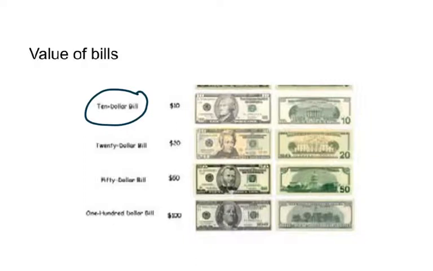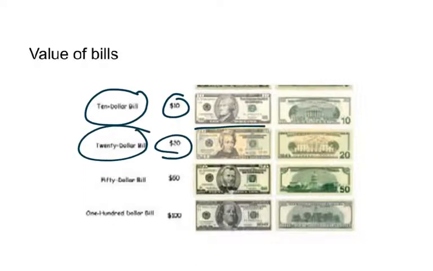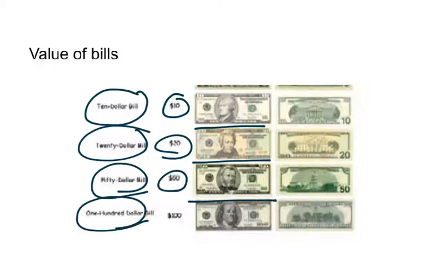Then the $10 bill, here's a sample of a $10 bill, a $20 bill, a $50 bill, and a $100 bill. So those are some of the different bills. We also have a $5 bill, of course, and a $1 bill.